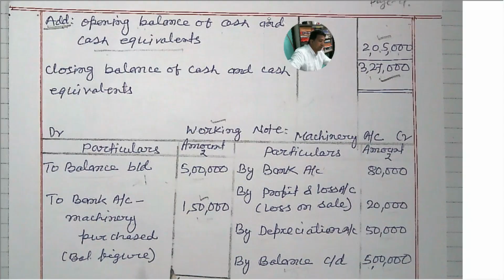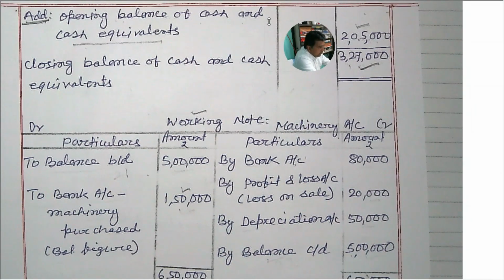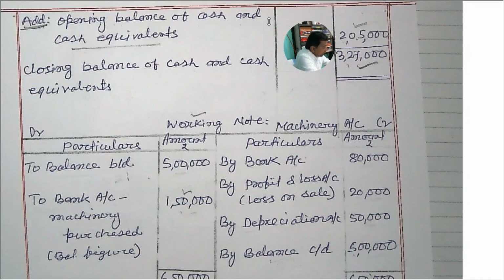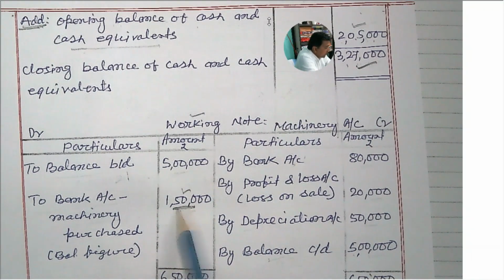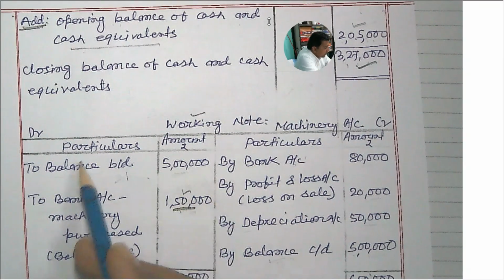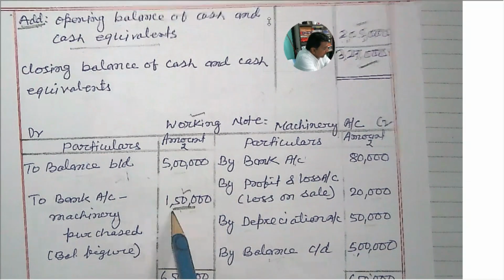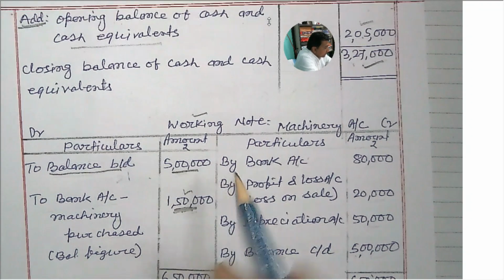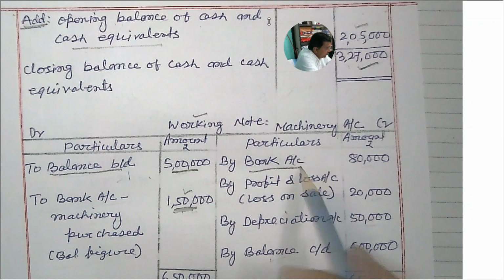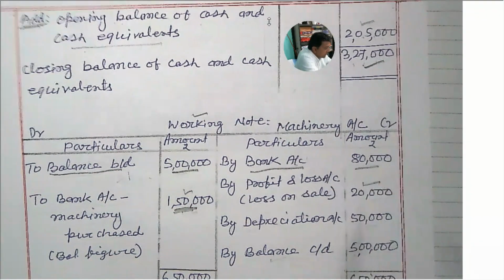Then working notes. How did you get the investing activities? Under investing activities, the purchase of machinery is 1,50,000. When the working note is prepared, we get the balance. The opening balance is 5 lakh, and by bank account, by selling machinery, 80,000, and the loss on sale of machinery is 20,000.